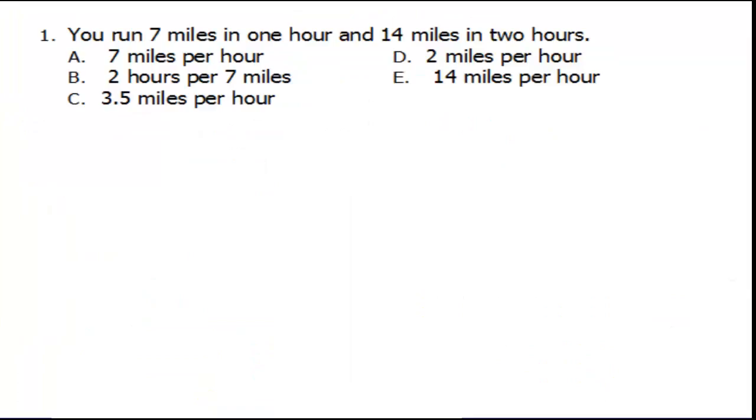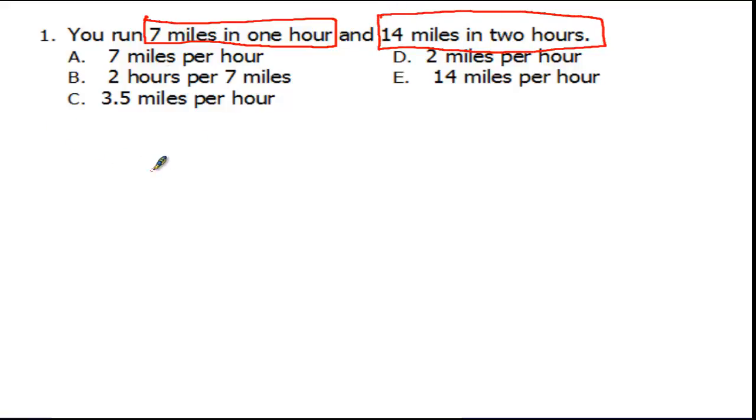All right, second example. So you ran 7 miles in 1 hour period and then 14 miles in 2 hours. So in this problem, for 1 hour you ran 7 miles. For 2 hours you ran 14 miles.